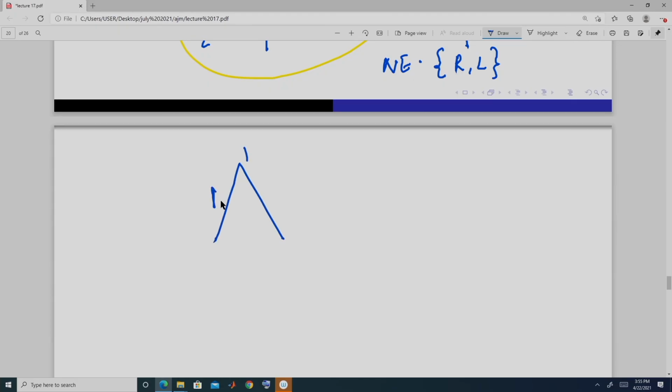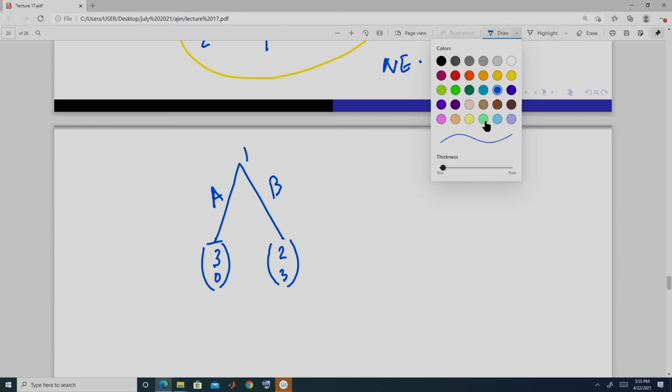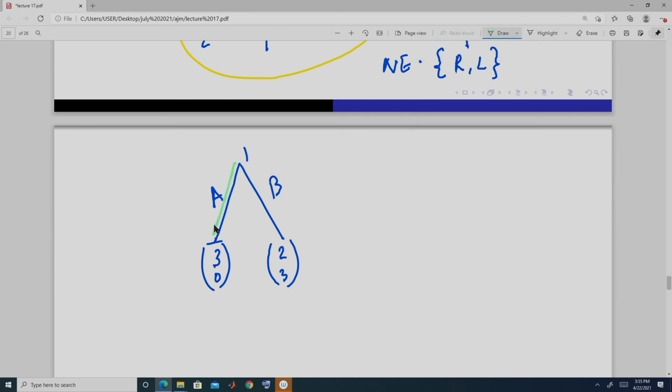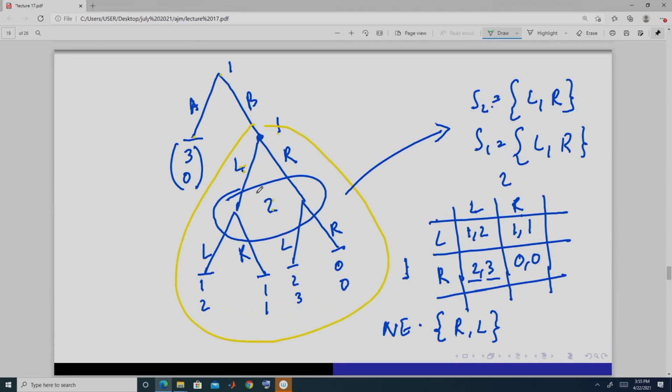Again for player 1, A, B, so it is 3, 0 and this is 2, 3. So, player 1 is going to choose this. So, here you can represent the Nash equilibrium as R and L.